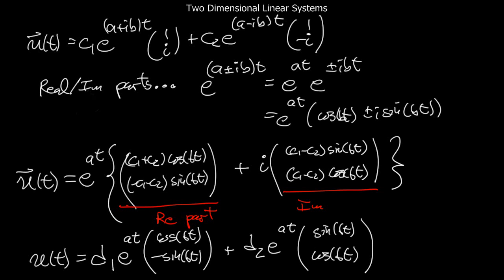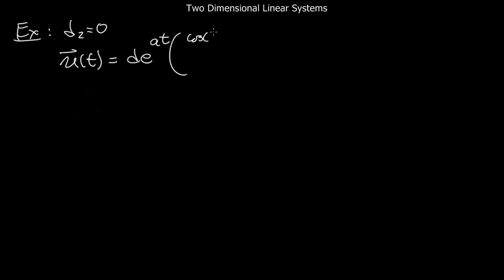So the point is there's this e to the at out front and some sines and cosines. Just to get the idea, let's suppose that d2 was 0, and then we would just have a constant times e to the at times (cosine bt, sine bt).